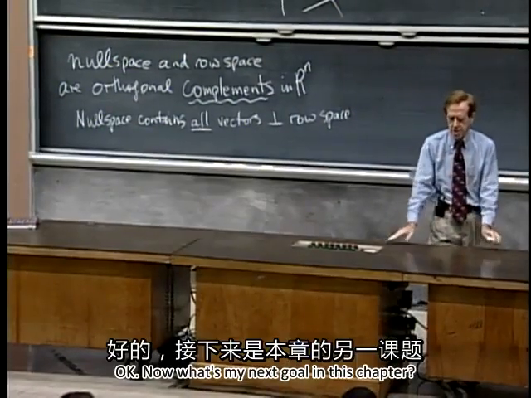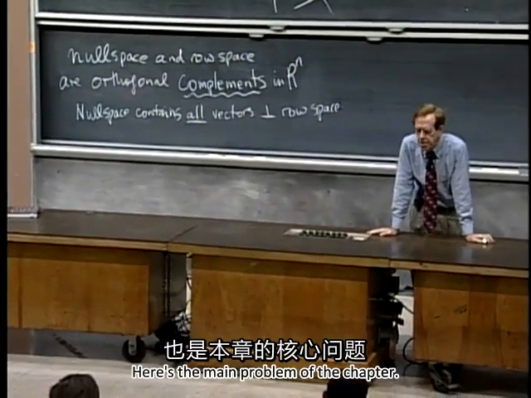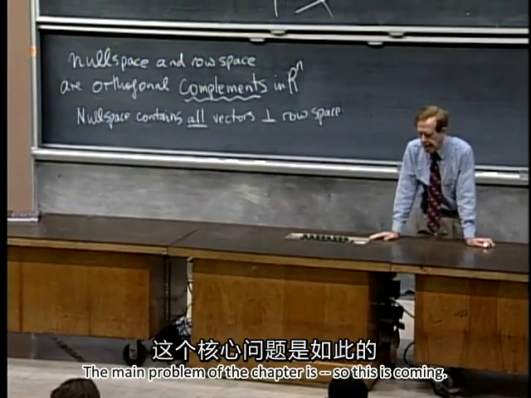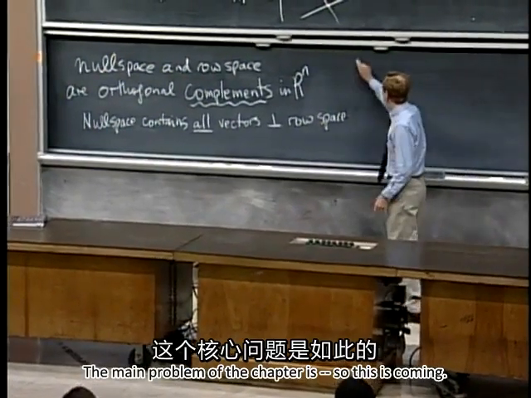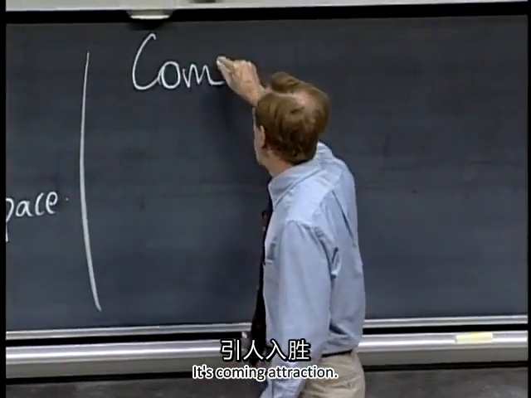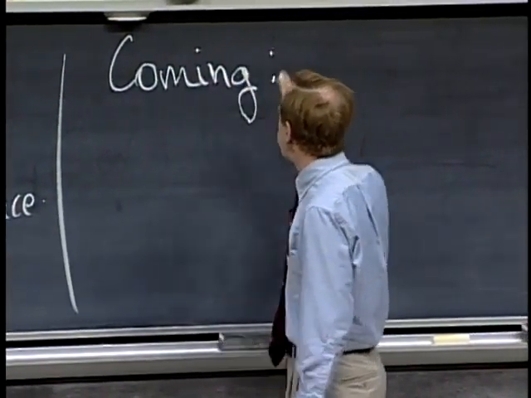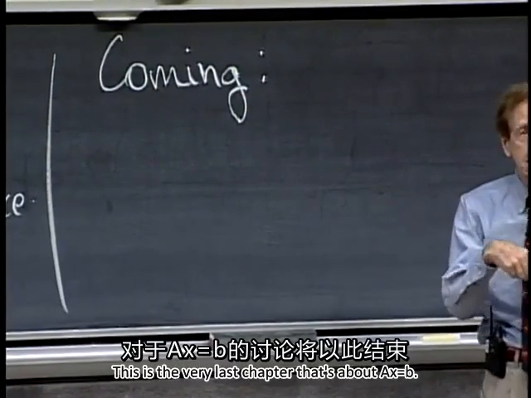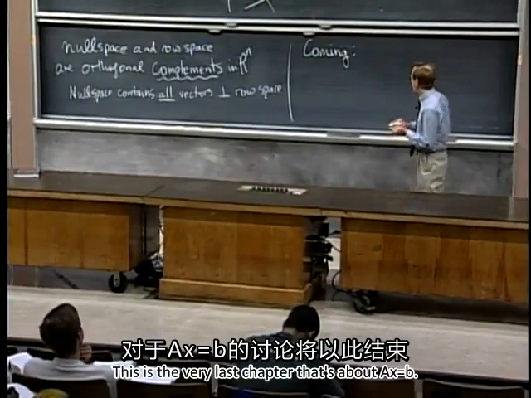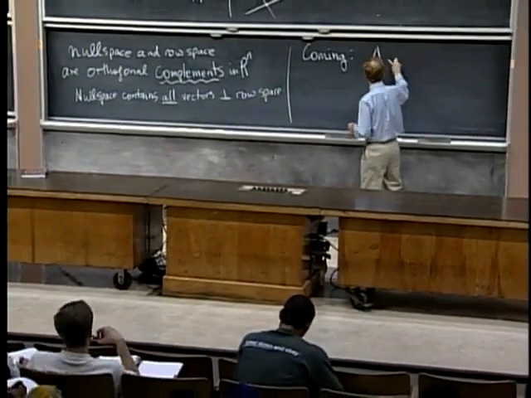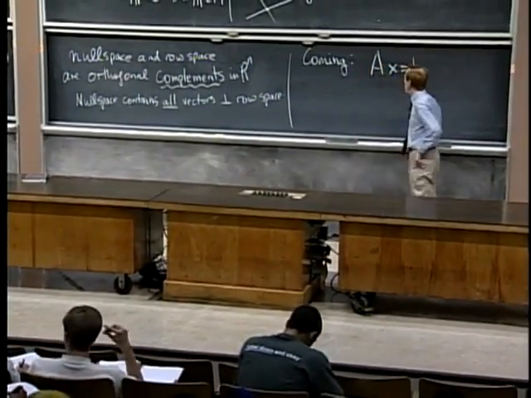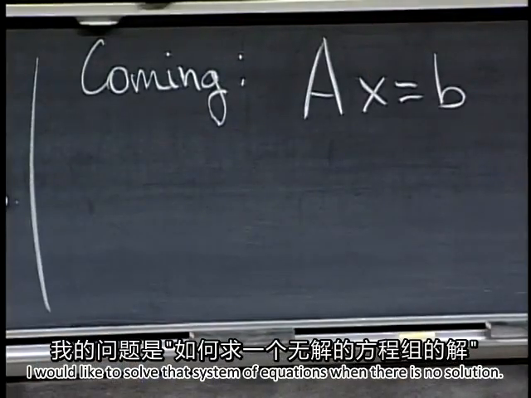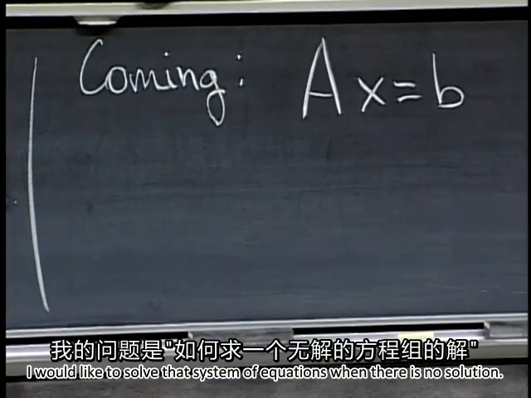Now what's my next goal in this chapter? It's the main problem of the chapter. This is the very last chapter that's about AX equal B. I would like to solve that system of equations when there is no solution.